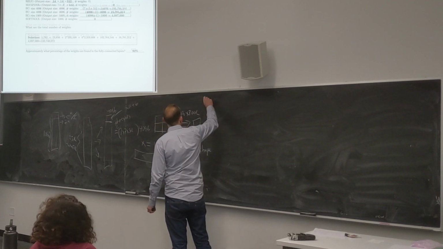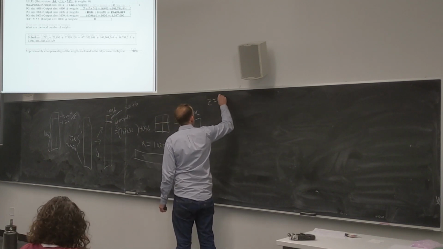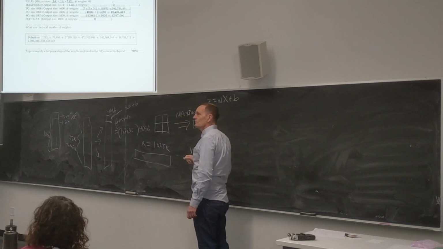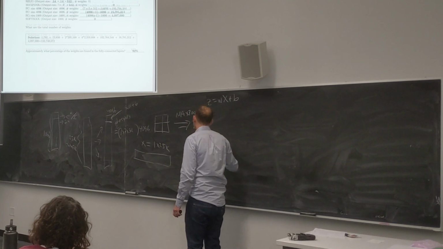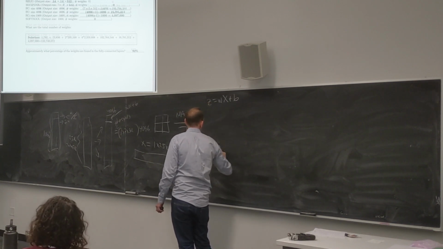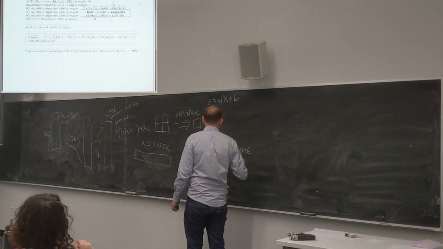Remembering that we're going to do Z equals WX plus B. So it's got to be 25K by 4096.